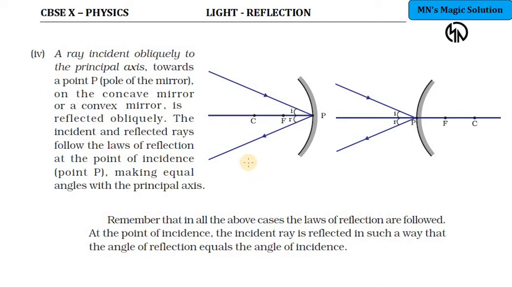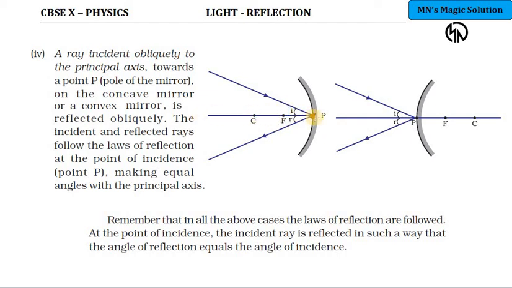So, here is our fourth rule. Any ray which is incident obliquely along the principal axis towards a point, the pole, in that case what happens to it? It gets reflected obliquely. So it is getting incident obliquely at the pole, then it gets reflected obliquely and the angles which it makes with the principal axis are always the same. That is, the angle of incidence and the angle of reflection become equal.